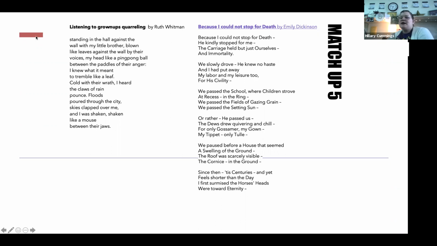Dickinson. Because I could not stop for death, he kindly stopped for me, the carriage held but just ourselves and immortality. We slowly drove, he knew no haste, and I had put away my labor and my leisure too for his civility. We passed the school where children strove at recess in the ring. We passed the fields of gazing grain. We passed the setting sun, or rather, he passed us.